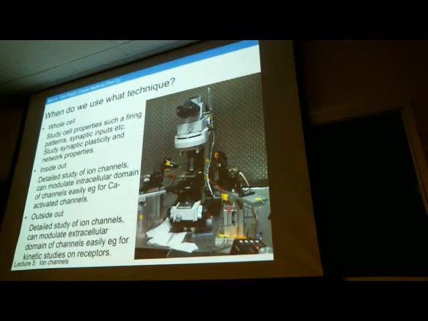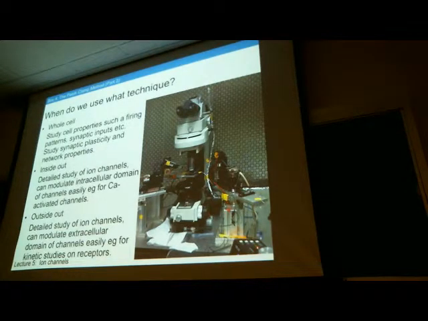Okay, and so these different modes of technique are really useful for asking different kinds of questions. If you use the whole cell mode, you can study the properties of the whole cell, just as if you had stuck an electrode in the middle of the cell. In particular, you can study synaptic inputs and firing patterns. The inside-out patch means you can do a detailed study of ion channels, because you can modulate the intracellular domain.